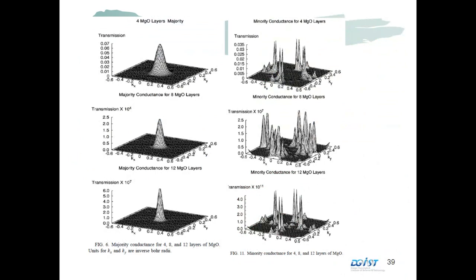So in first-principles calculations, they can find the transmission coefficient with the MgO layer. In the majority band, there is a very strong transmission at the gamma point, meaning the center of the band structure. While in the minority band, conduction occurs with a very small value at the edge of the Brillouin zone.